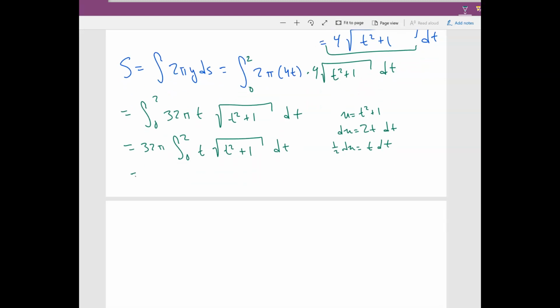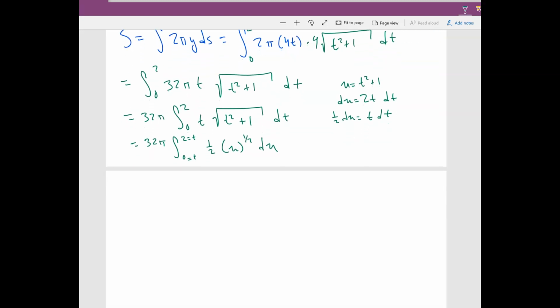So you're left with 32 pi, and then you just have the integral from 0 to 2, these are for values of t, then you're just going to have a 1/2, and then a u to the 1/2 du.